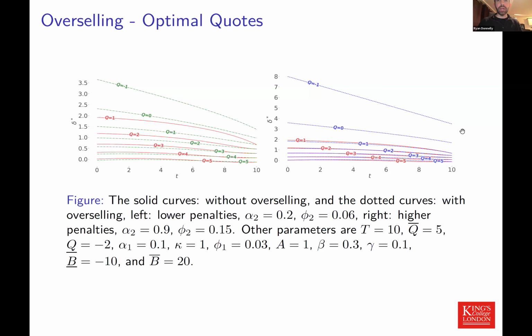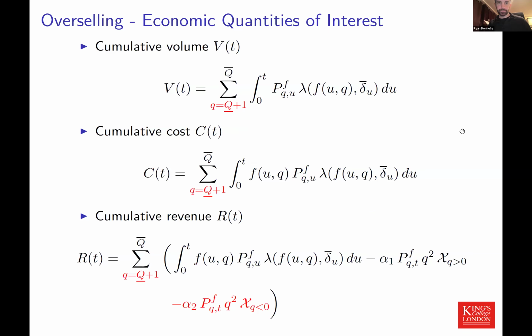So you can see there are drastic differences between what happens in equilibrium depending on whether the penalties of overselling are mild or severe. Okay, so we can again investigate these economic quantities. The only change here is that the lower bound is no longer 1. The lower bound is 1 greater than the inventory target, essentially.